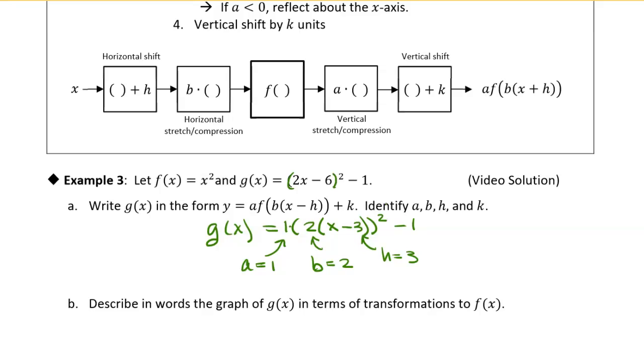If this was x plus 3, then h would be a negative 3, but it's x minus 3, so h is a positive 3. And then we have k. It's plus k, so this is plus a negative 1, so k is equal to negative 1.